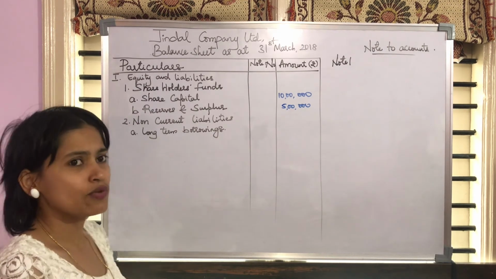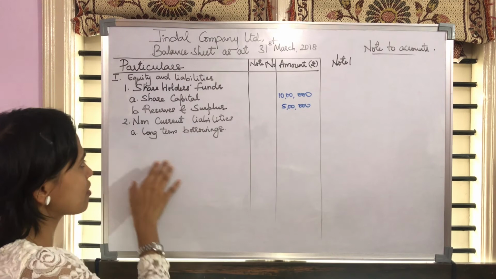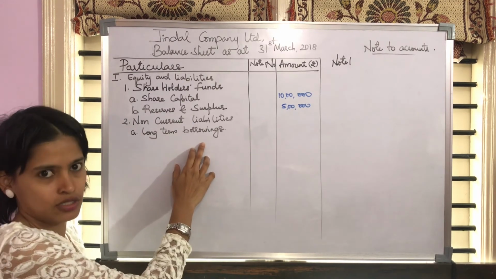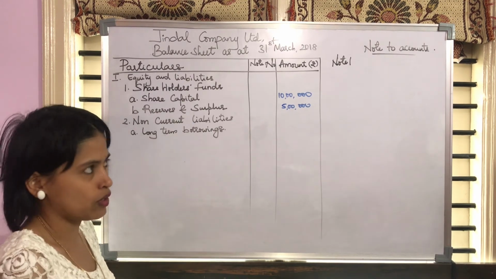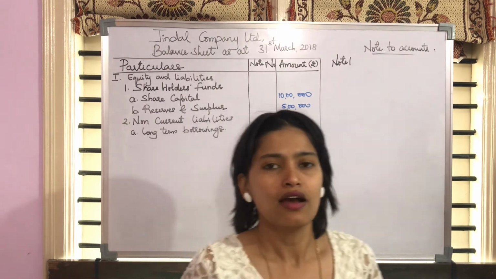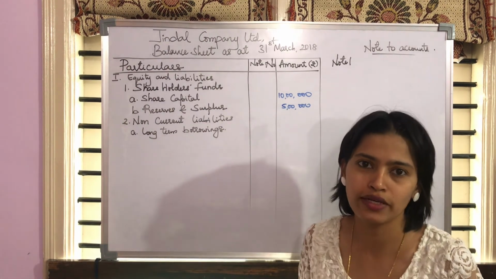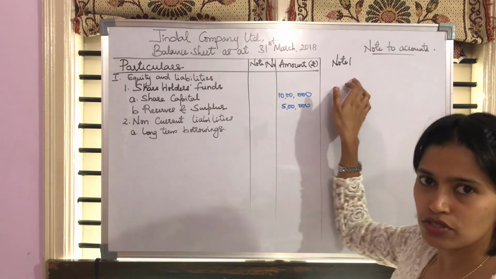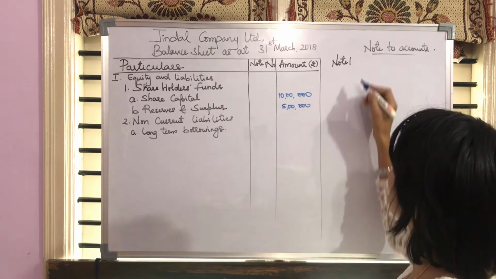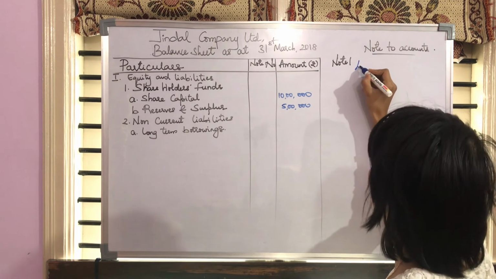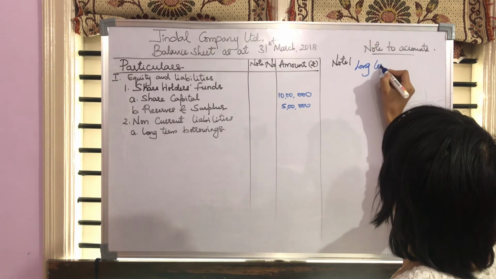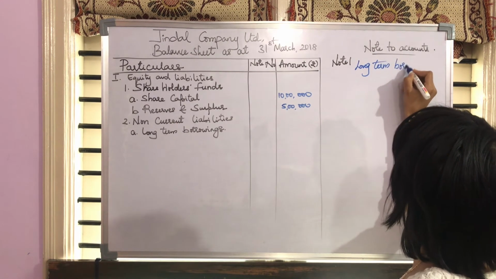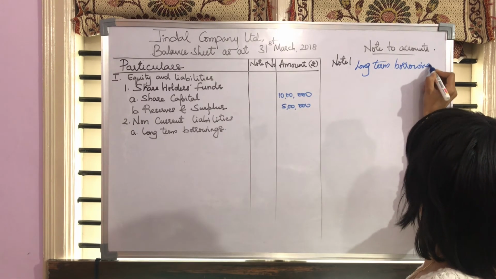For this we need to prepare note to accounts. We cannot write directly as 10% debentures here. Note to accounts are nothing but like working notes that you normally do in your mathematics classes. So here you have note to accounts, note number 1, with respect to long-term borrowings.